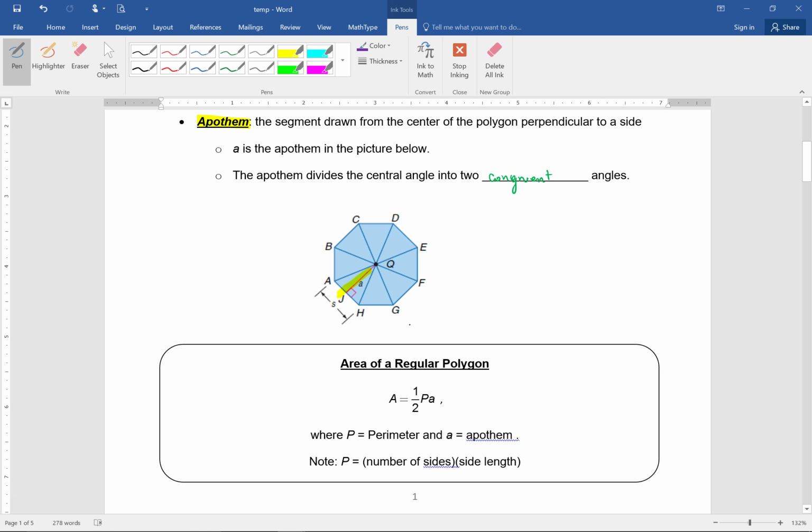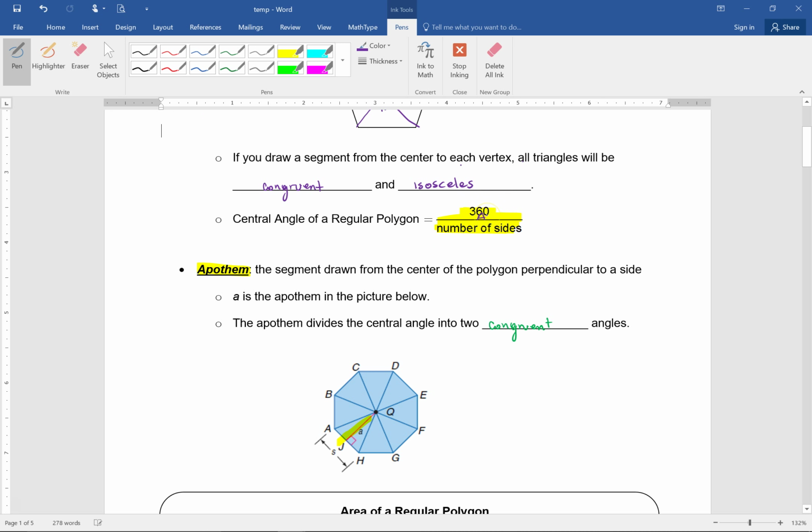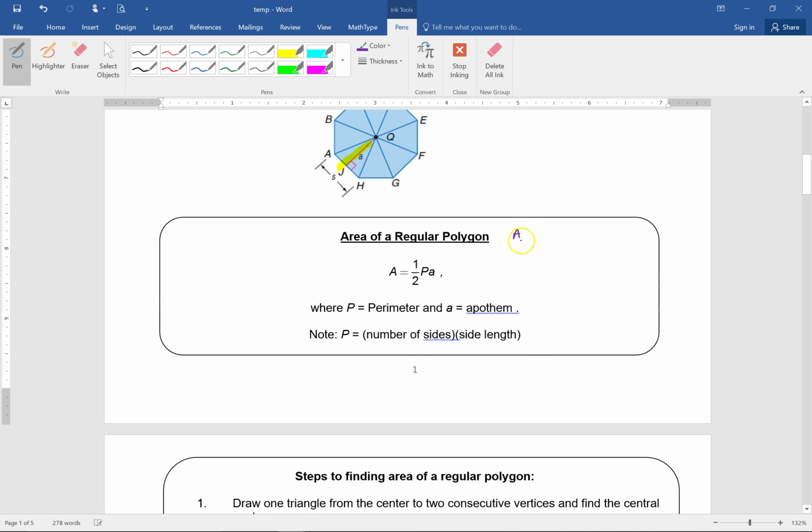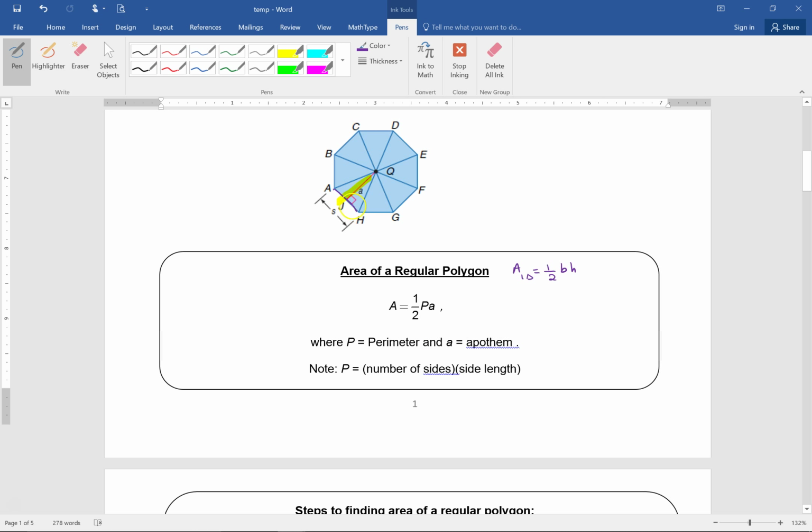So what's the area of the regular polygon then? Okay, so let's do this. How much is the area of one triangle? Let's see. Area of one triangle is equal to half times base times height, right? What's the base? This is the base, and that's the side of the polygon, right?